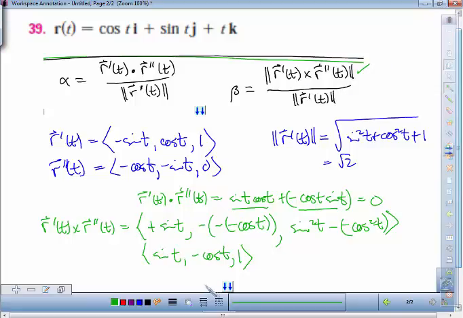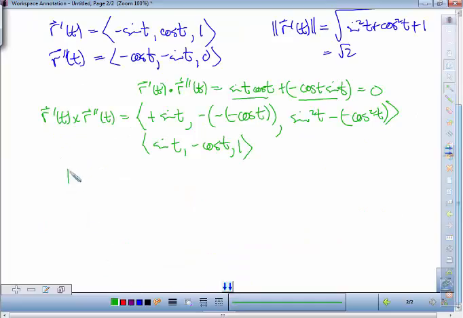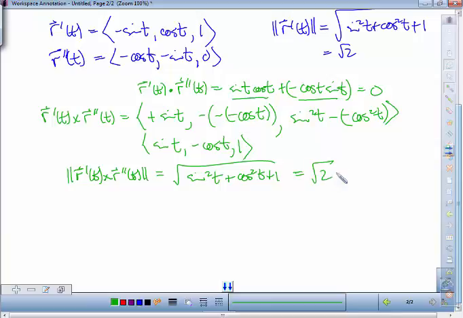So let's go ahead and take the magnitude of that. It turns out to be sine squared t plus cosine squared t plus 1. So sine squared and cosine squared give you 1, and then plus 1 will give you 2, so it looks like it's going to be the square root of 2.